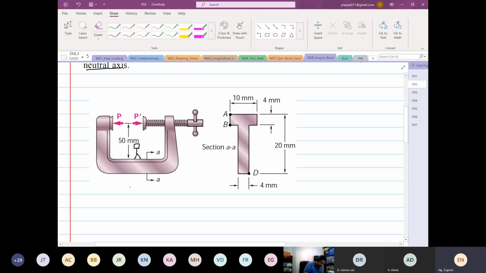So this is the position of the datum to determine the position of the centroid. Why is that? Because if we take from the top over here, this is the distance we're going to find, which we're going to call E.